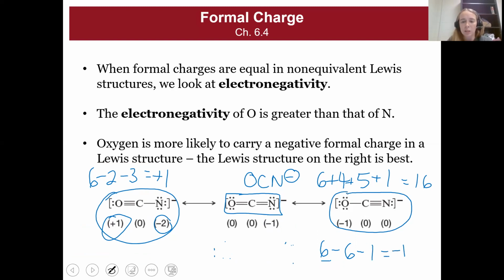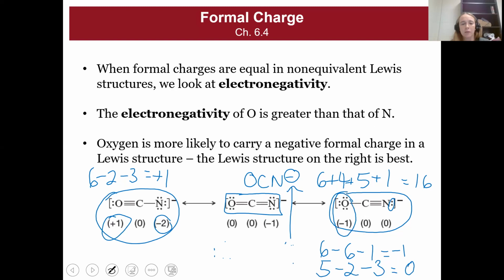And nitrogen had 5 valence electrons, minus 2 non-bonding electrons, and it's 1 lone pair, minus 3 bonds gives us 0. So we still have a -1 formal charge. We can't avoid it because we need a negative charge to add up to -1 on our polyatomic ion. But when we can't avoid it, we want it on the more electronegative atom. So we want it on oxygen.